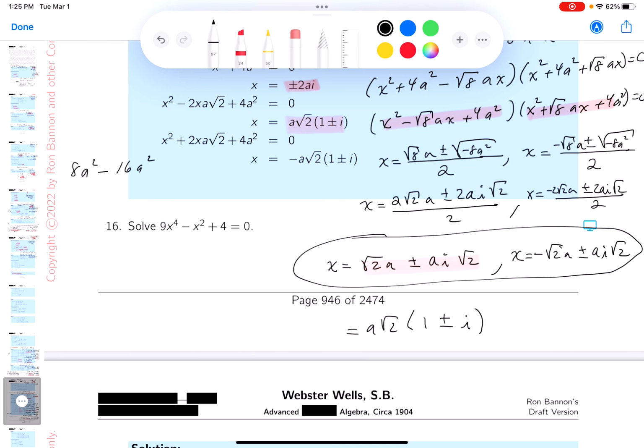Let's do the other one. I'm going to factor out the minus root 2a. We're left with 1 plus or minus i. All right, let's see if we got that one. Again, I'm looking at this, and I'm seeing that right there. All right, we did okay.